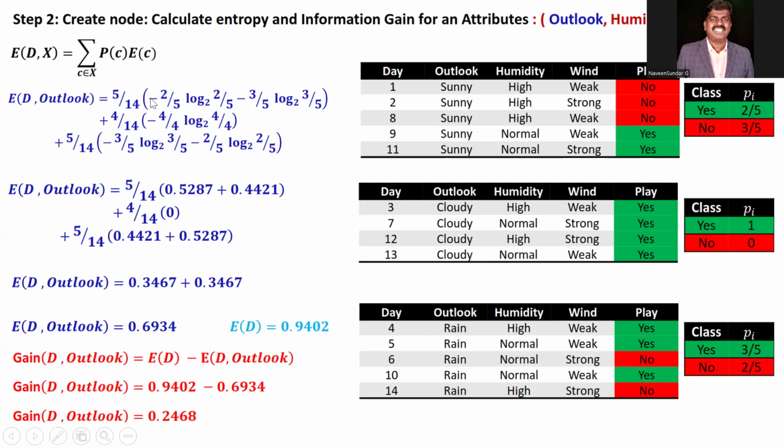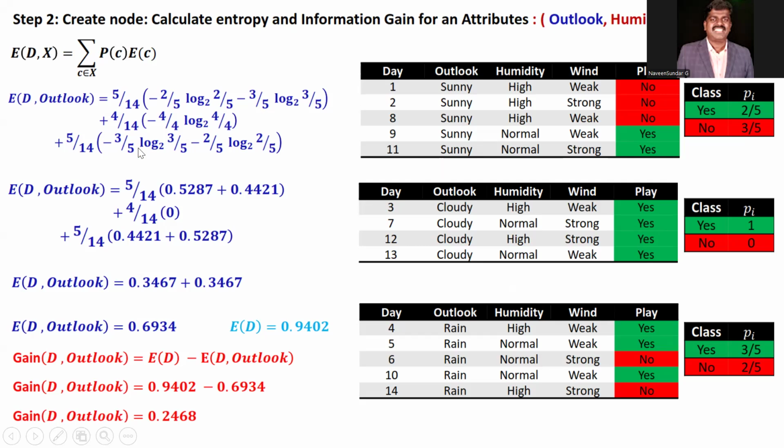So we can say minus 2 by 5 logarithmic 2 of 2 by 5. And how many times does no occur for only sunny? So we can say 3 times. So we can say minus 3 by 5 logarithm 2 of 3 by 5. Got my point? So this is how we are calculating for sunny alone.